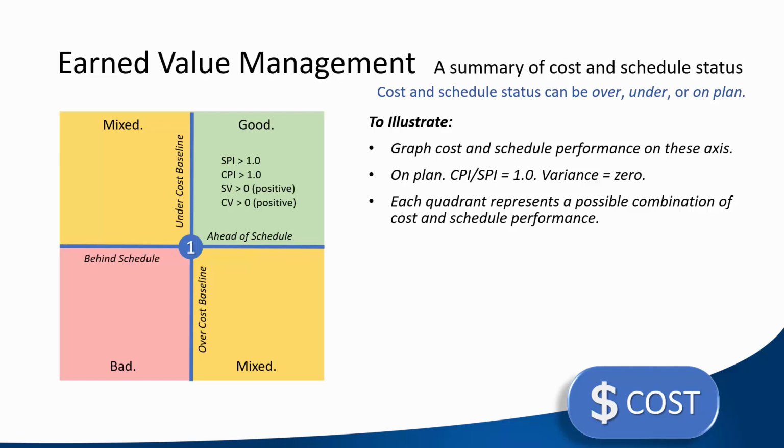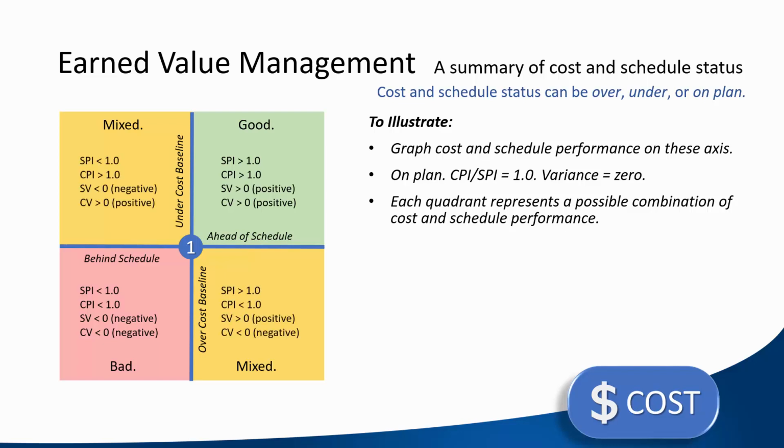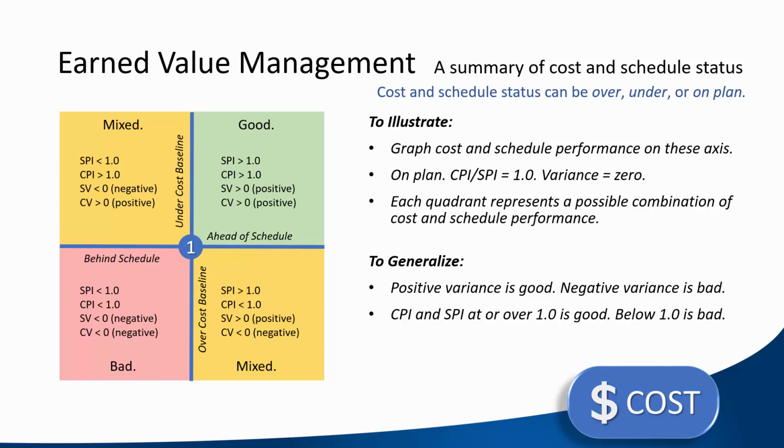Schedule variance and cost variance are both positive. The lower left is bad, behind schedule and over the cost baseline. CPI and SPI are less than 1, and cost and schedule variance are negative. The other 2 quadrants are mixed. We can summarize that positive variance is good and negative variance is bad. And we want CPI and SPI to be over 1.